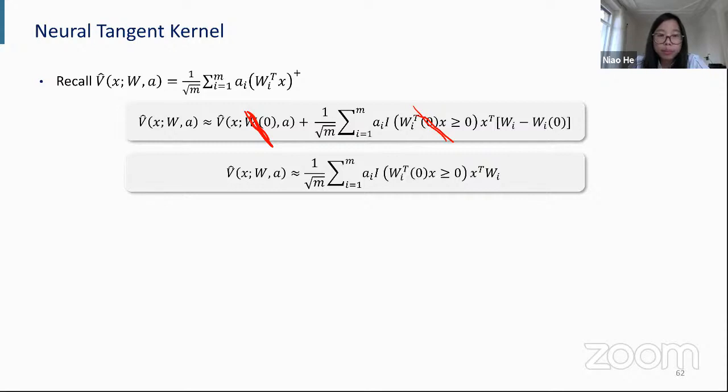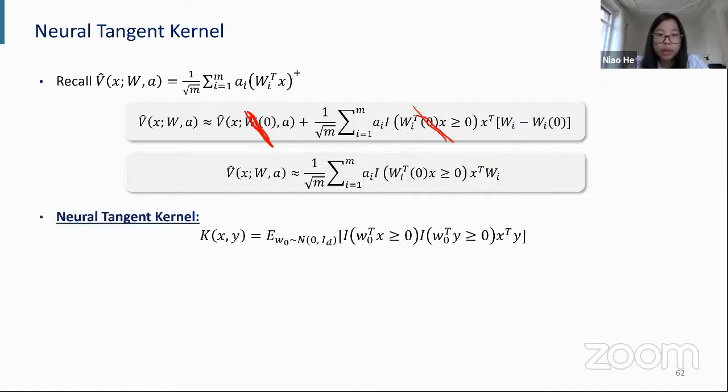And if your number of network neurons, M, goes to infinity, then this reduces to the so-called neural tangent kernel. You can define the neural tangent kernel as follows. Because W0 are random Gaussian vectors, if M goes to infinity, these are just random features.